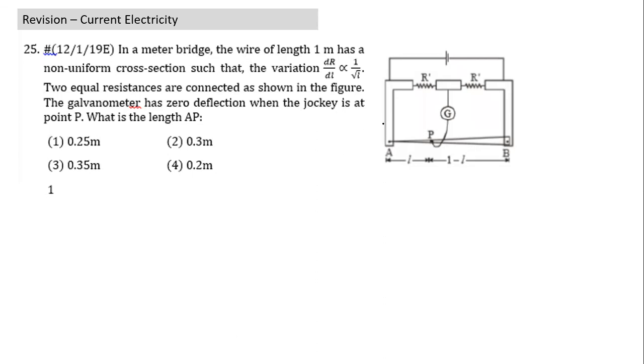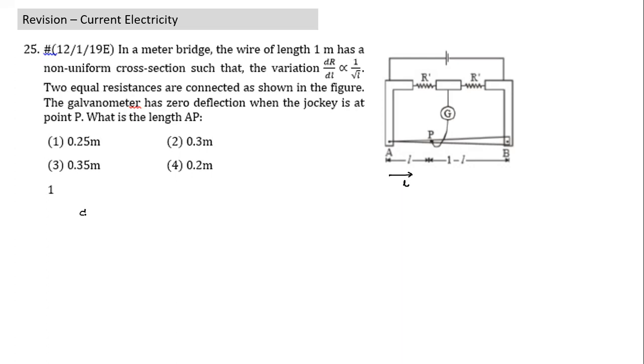So what has to happen for the balanced condition? If this is R1 and this is R, then in the balanced condition the ratio of resistance should be equal, not to the ratio of length here, but to the ratio of the resistance here. So what is given here? R is something like this. First let's understand what it means. L is the distance measured from one end. So this L is the distance measured from here. This is the direction of L here.